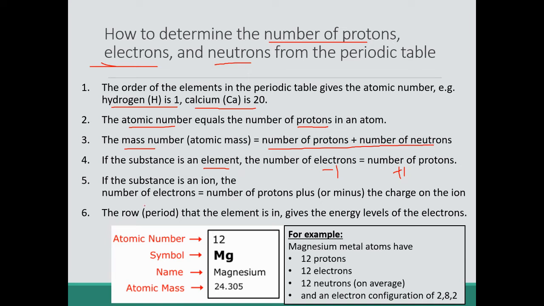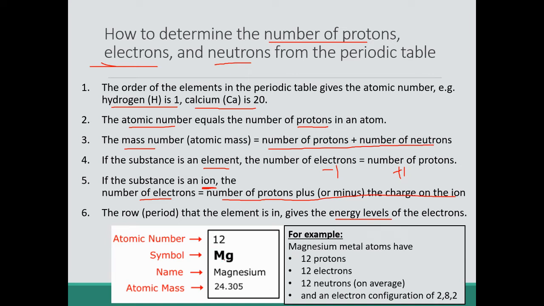If it is an ion, then it's going to have either a positive or a negative charge, and so the number of electrons is going to equal the number of protons plus or minus the charge on the ion. The row or the period that the element is in gives the number of energy levels.